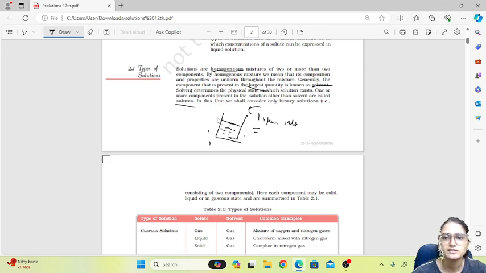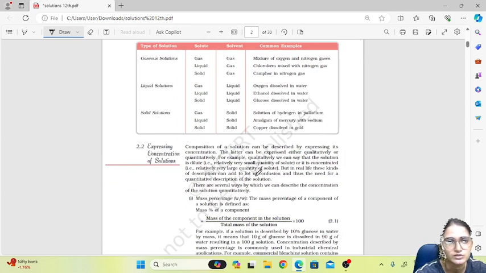And what is called a solute here? The component which is present in the lesser quantity other than the solvent is called a solute. So in this example, salt will be the solute and water will be the solvent, and they both make the solution.